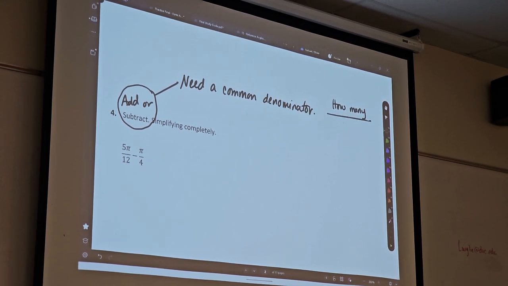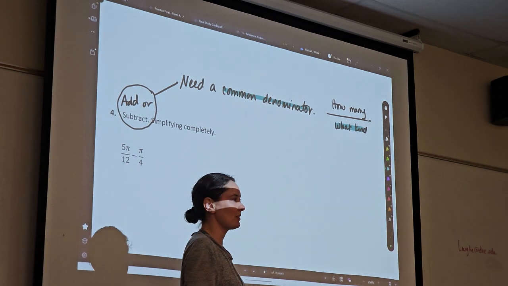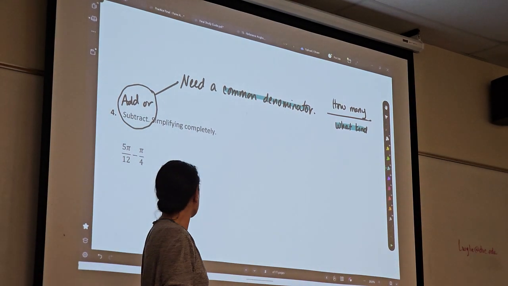The denominator is of what kind? Fourths and 80ths aren't the same. You'd be really mad. I'm like, a slice is a slice. Like, no, those quarters are massive compared to those 80ths. Okay?